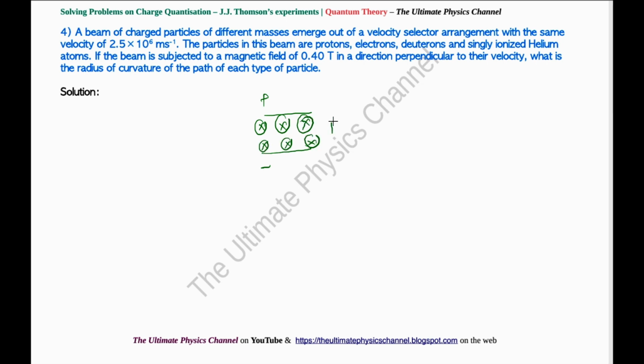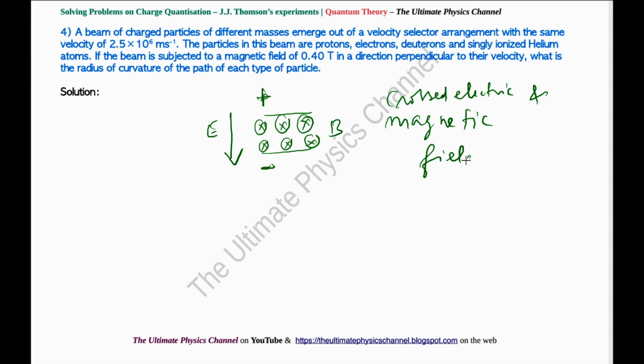The magnetic field in this particular case is represented as pointing into the plane of the page, and the electric field is applied in this direction. So this arrangement of crossed electric and magnetic fields is the velocity selector arrangement, because it helps us select the velocity of the particles by manipulating the electric and magnetic fields, right?